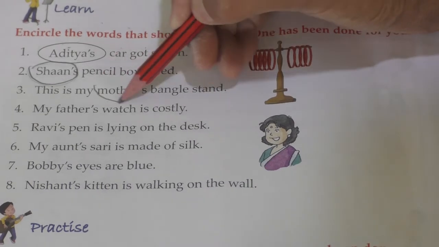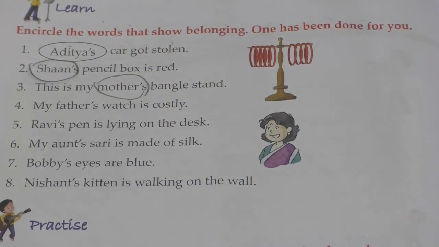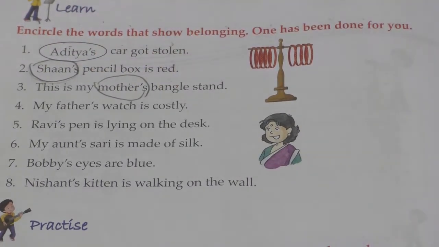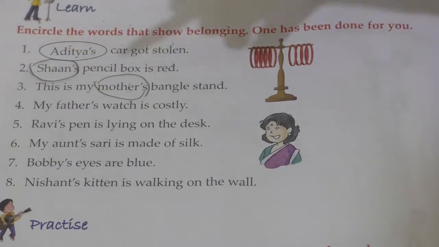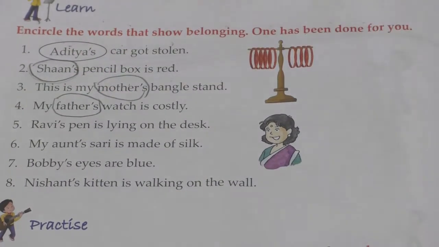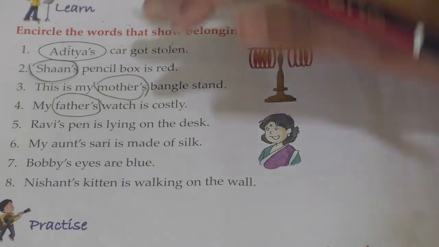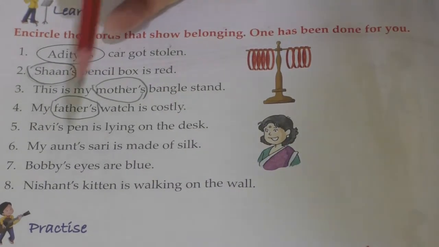Here the word mother's, mother apostrophe S. Fourth one. My father's watch is costly. The watch that belongs to my father is costly. So we can encircle father's. Father apostrophe S. Whose watch is costly? My father's. Hence, apostrophe S indicates ownership or possession of something.